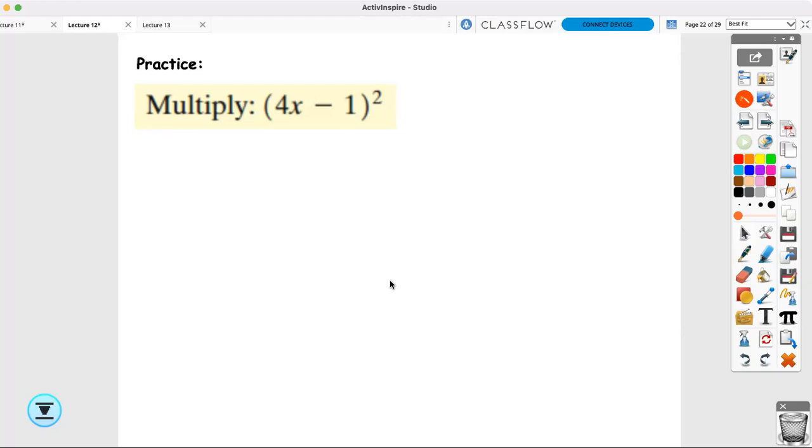4x minus 1 squared, which is the same thing as doing 4x minus 1 times another 4x minus 1. What did you get when you multiply this out, guys? I'm seeing 16x squared minus 8x plus 1.